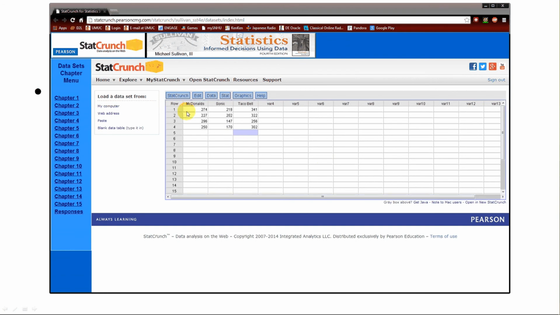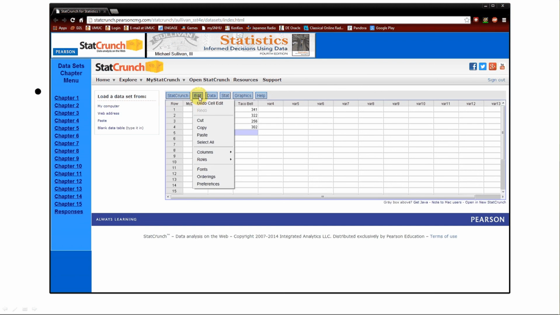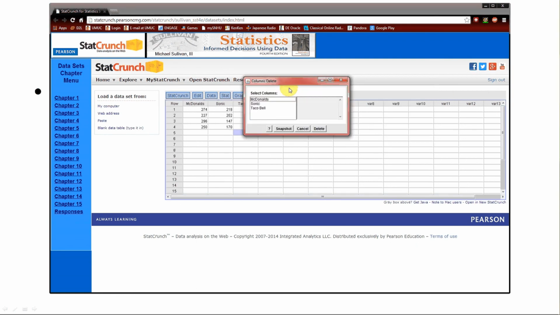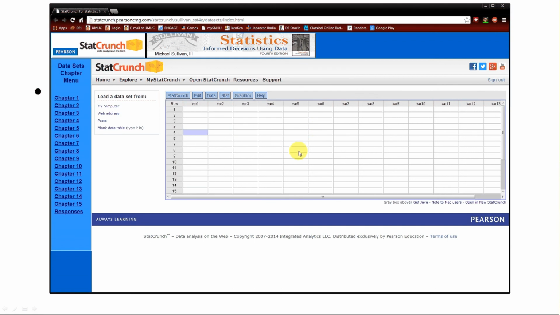So turn to section 13.1 and look at problem 16. While you do that, I'm going to delete these three columns. We won't need them anymore. Edit, Columns, Delete. It asks which columns. I'm going to get rid of all of them. Delete, and they're gone.